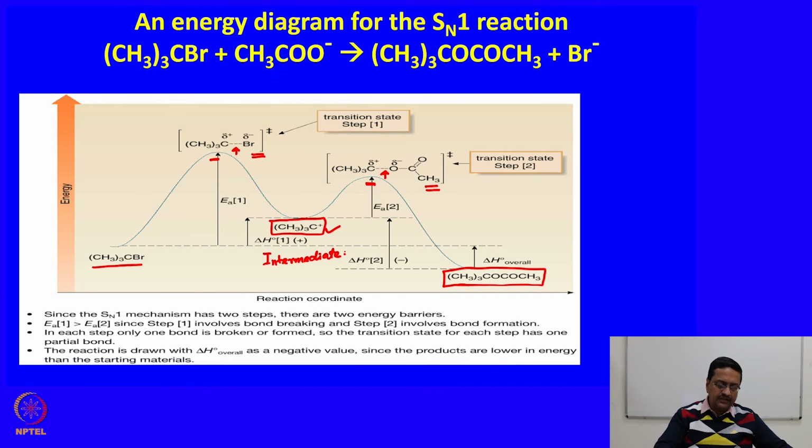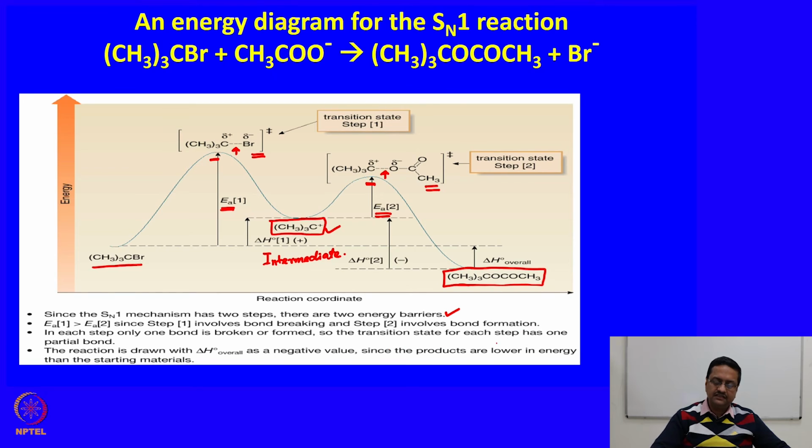So, the SN1 mechanism has 2 steps and there are 2 energy barriers. The first energy of activation is always higher than the second energy of activation, because the carbocation is already energized. In each step only 1 bond is broken or 1 bond is formed.